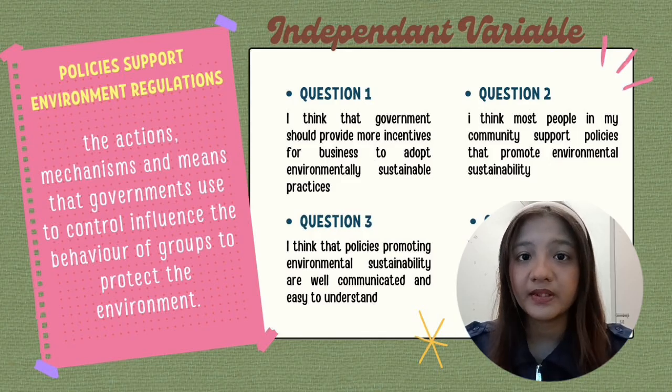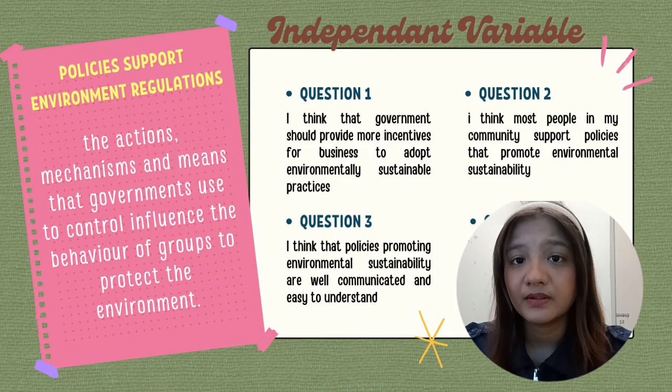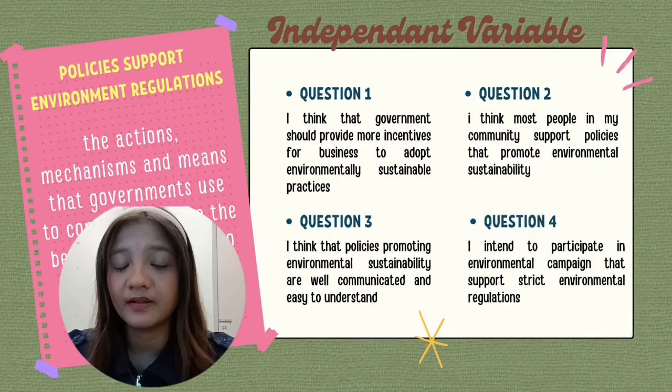Most people in my community support policies that promote environmental sustainability. I think that policies promoting environmental sustainability are well communicated and easy to understand. I intend to participate in environmental campaigns that support strict environmental regulation.